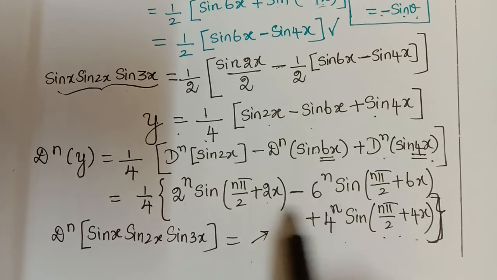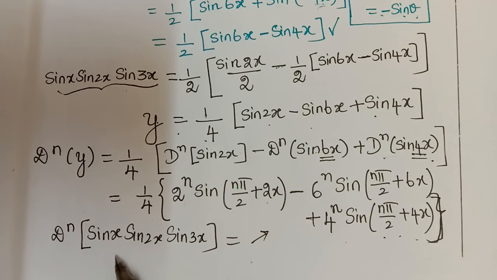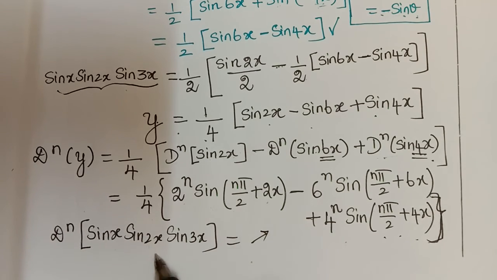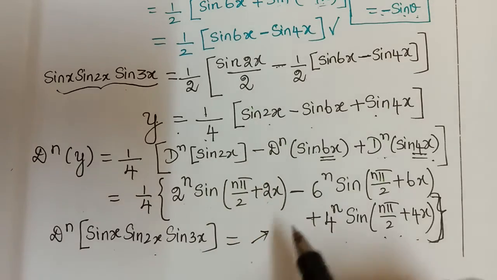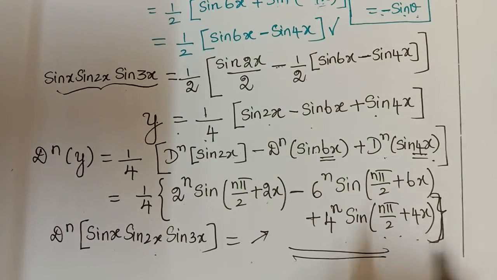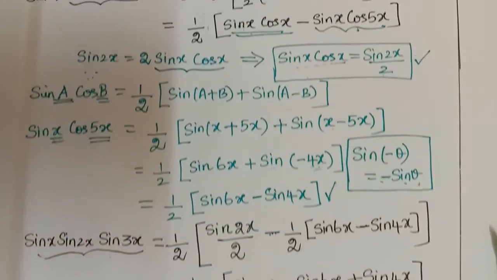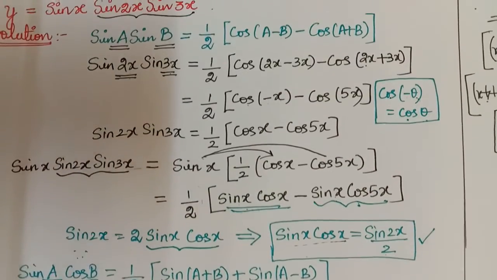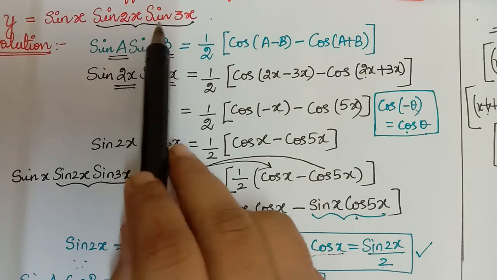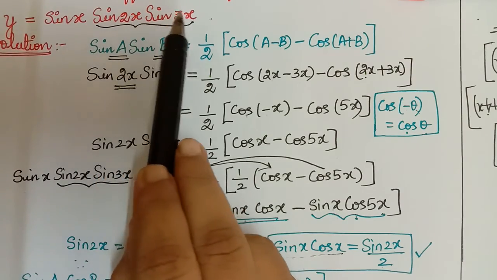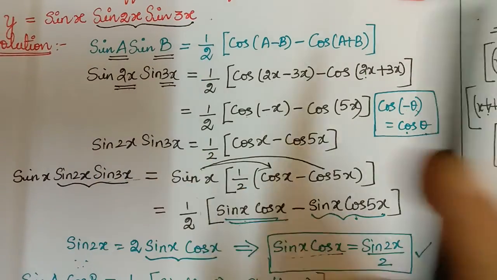So this is the answer for the nth derivative of sin x, sin 2x, sin 3x. This is a very important problem from the examination point of view. Hope you have understood this problem, that is to find the nth derivative of the product of these three trigonometric terms. Thank you.